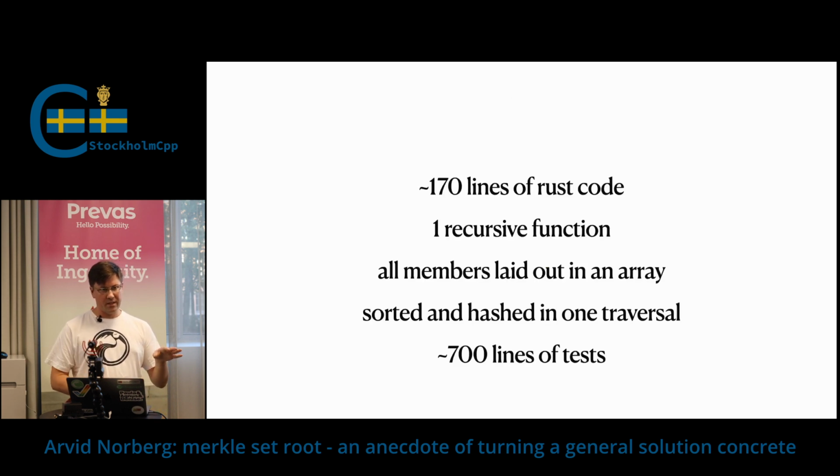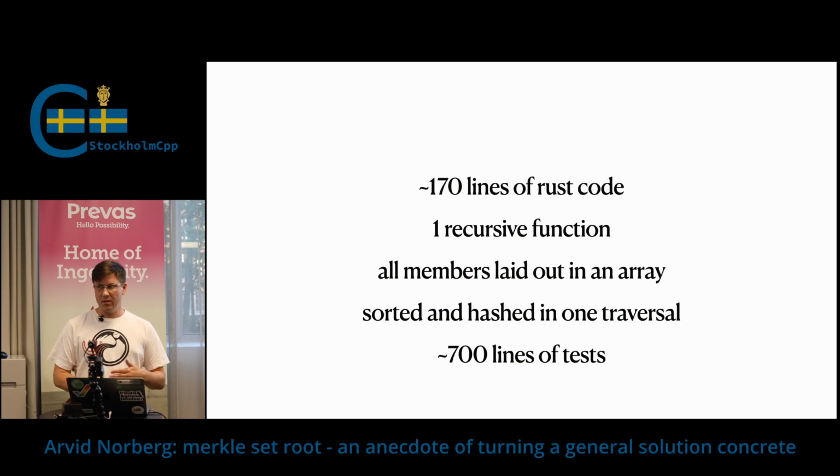So this is about 170 lines of Rust code, and it's all basically contained in a single function. One of its main advantages is that the entire tree is laid out in a single array. So it's very compact and quick to access, relatively speaking.